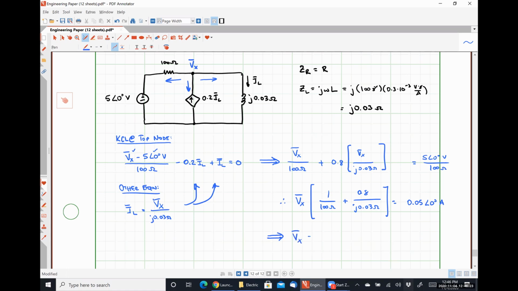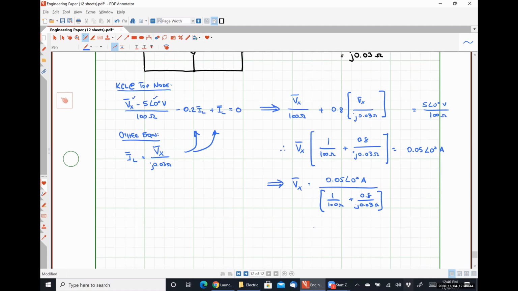From this, Vx is 0.05 angle 0 degrees amps divided by 1 over 100 plus 0.8 over j0.03. And now we have something we can put in our calculator.